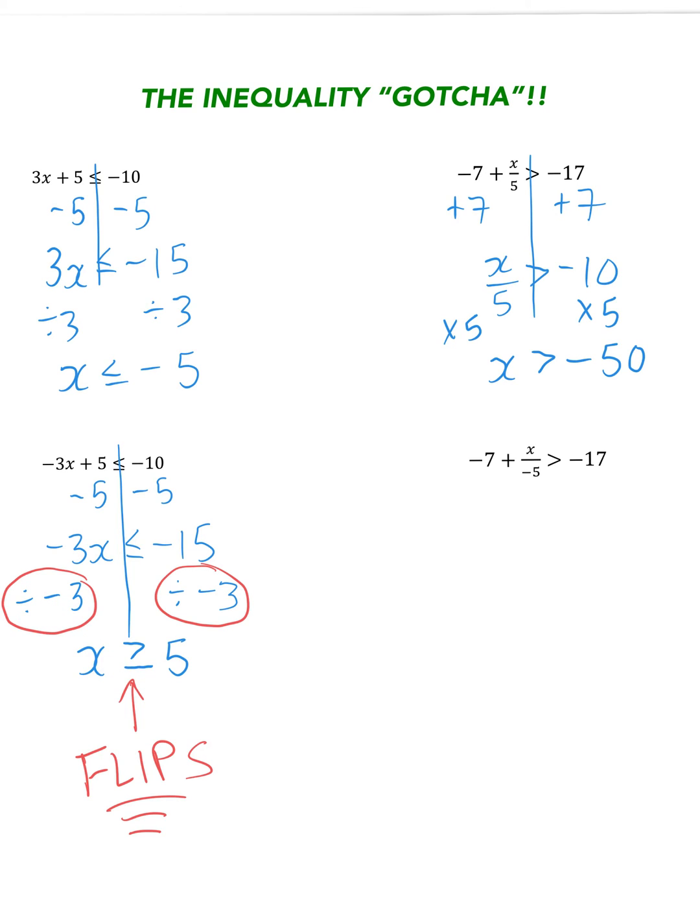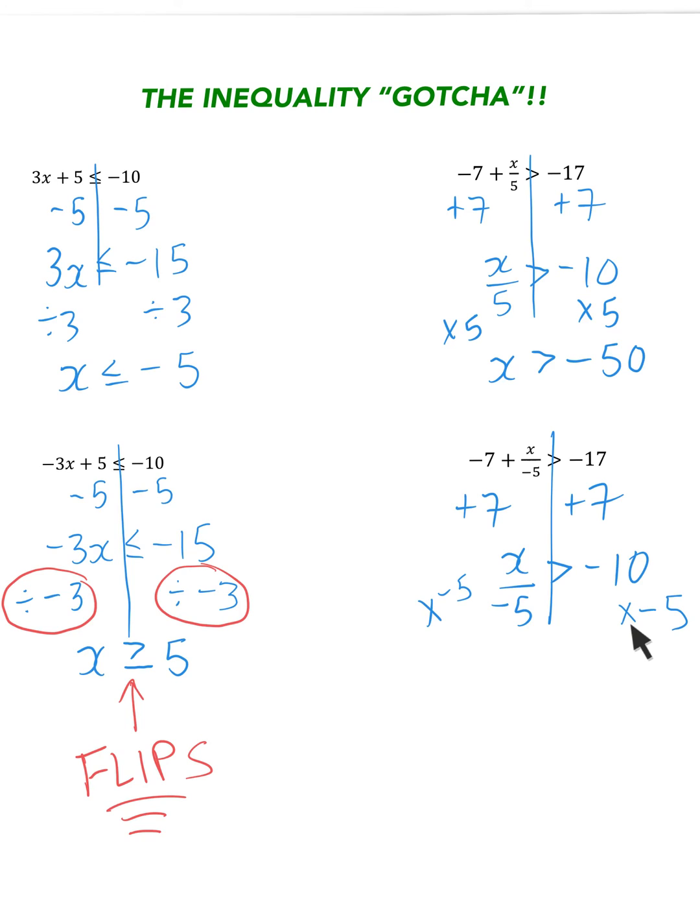So looking over here quickly, I'm going to add 7 to both sides. No problems there. I'm going to have x over negative 5 is greater than negative 10. But now to solve this, I'm going to multiply both sides by this negative 5. So I just multiplied both sides by a negative number.